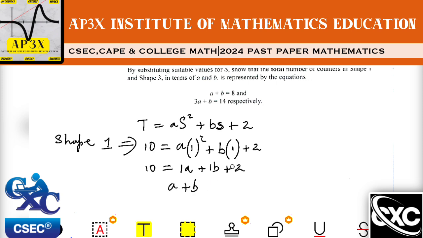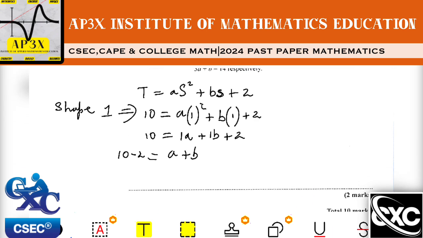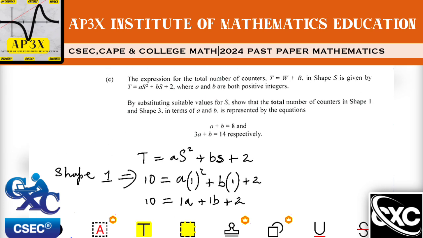I'm going to bring this positive 2 over to the left side, so we end up with 10 take away 2. So then easily we end up with 8 is equal to A plus B. It's kind of written backwards, but that's fine. That's A plus B is equal to 8. So we have basically proven this part of the equation.